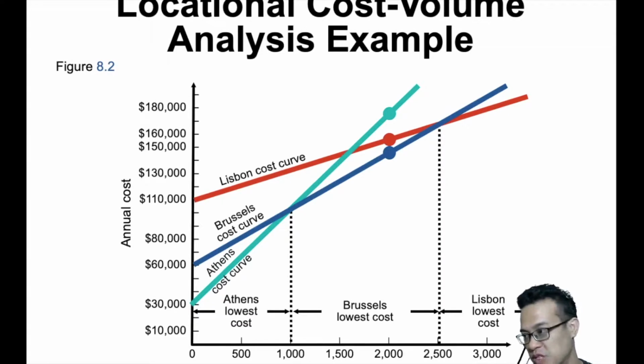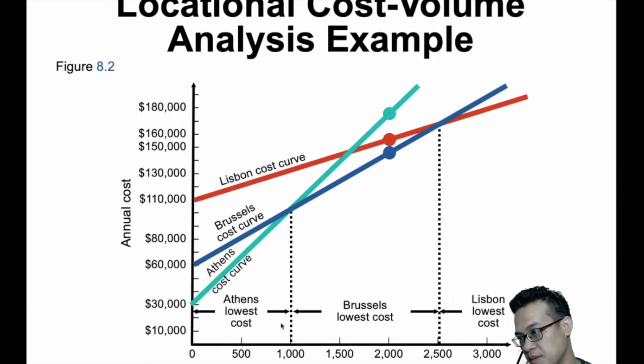In order to decide which one is the best, whatever falls below here is actually the lowest cost. For example, for Athens here, this is the lower cost for 0 to 1000, which is for Athens.